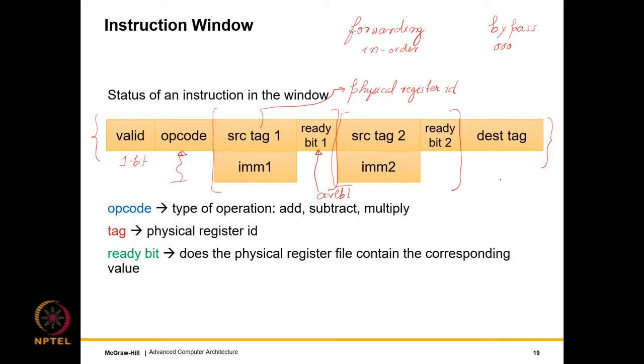And also we have the destination tag, where the destination tag is for if this instruction has a register destination. A lot of instructions don't. For example, the store instruction does not have a register destination. But if there is one, what is the physical register ID corresponding to this instruction, corresponding to this destination?